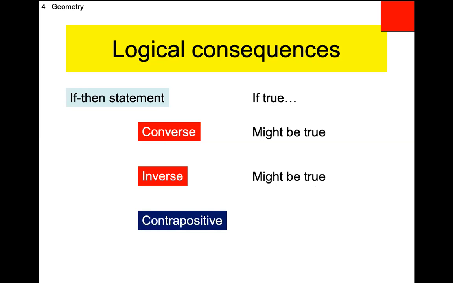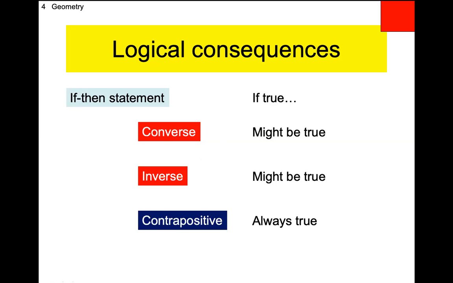That's 100% true. So the contrapositive is always true if the original conditional statement is true. And that's really what this slide is all about. The converse or the inverse might be true, but the contrapositive is always true.